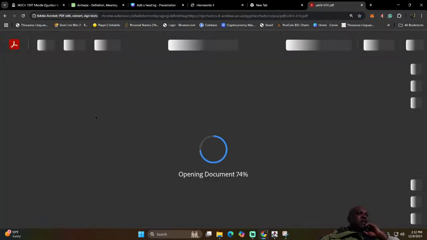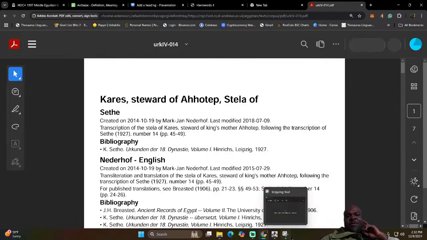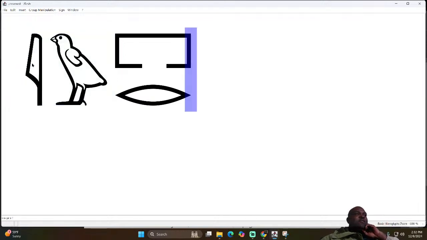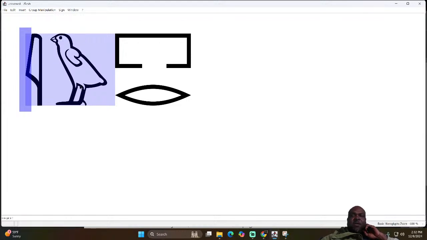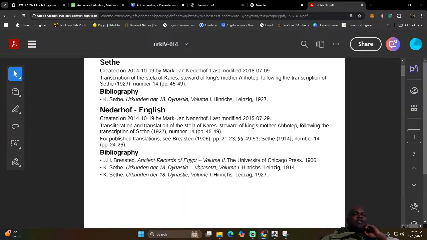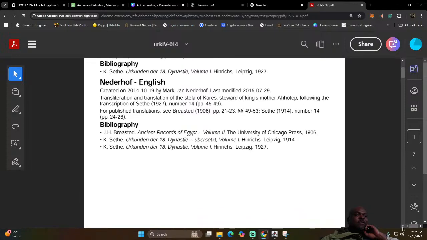But let's come into one of these texts, right? Now remember, I'm just showing you, damn, this isn't as hard as I thought. Don't look for nothing else but the "u." You're going to look for this reed leaf and a chick bird. And what you're going to be doing is identifying the starts of new sentences and the starts of new statements of fact.